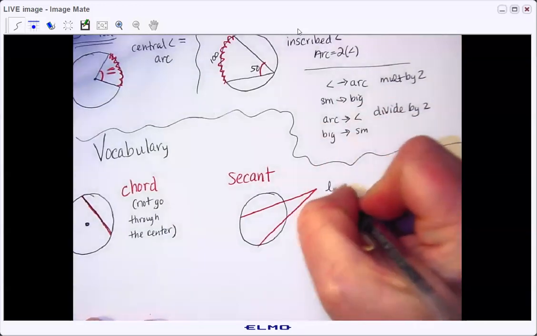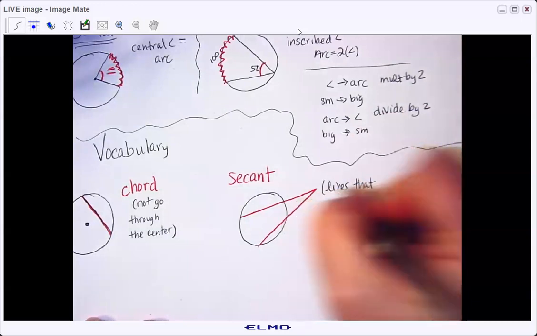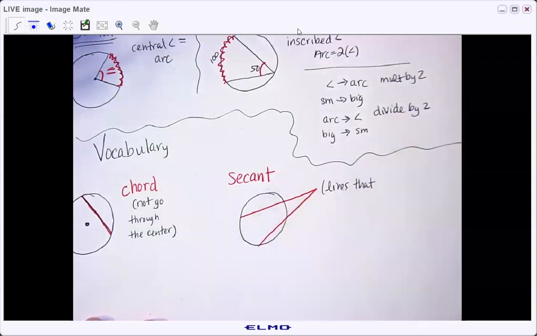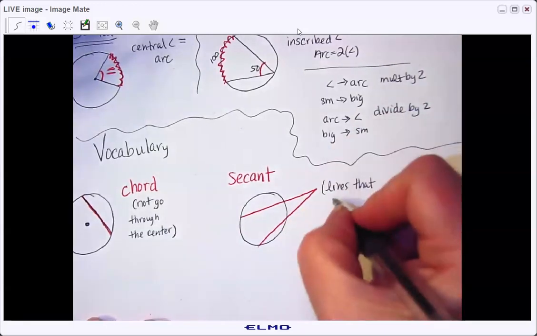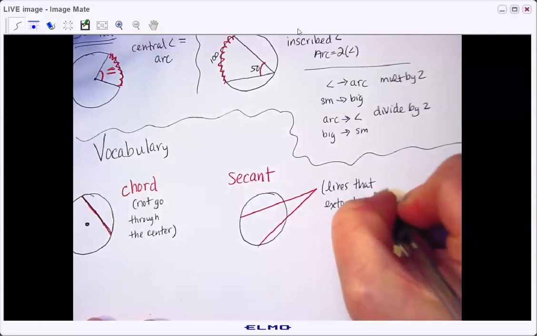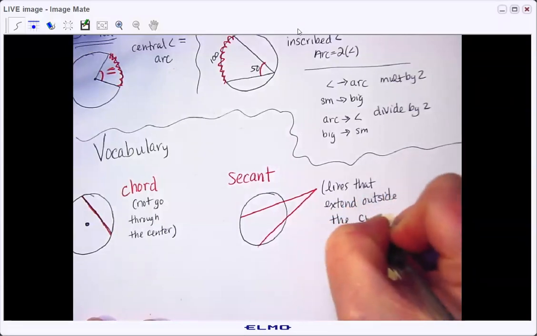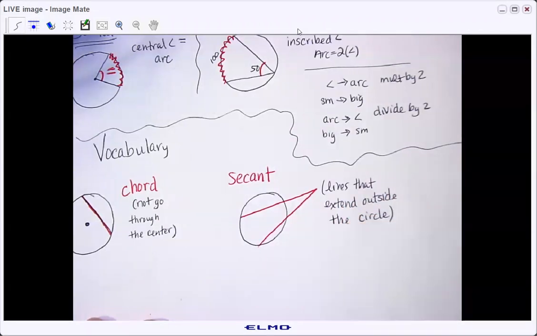So these are lines that extend outside the circle. And then there's just one more.